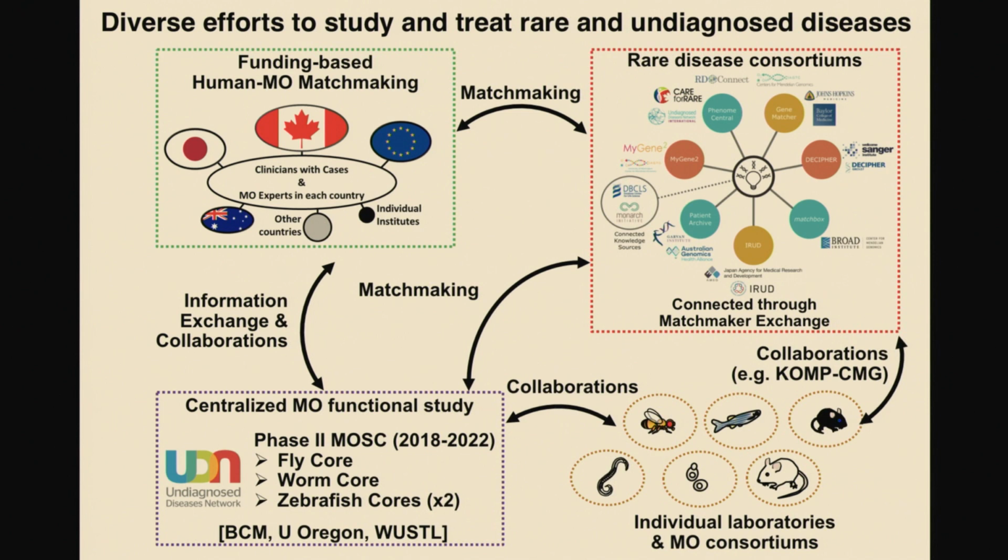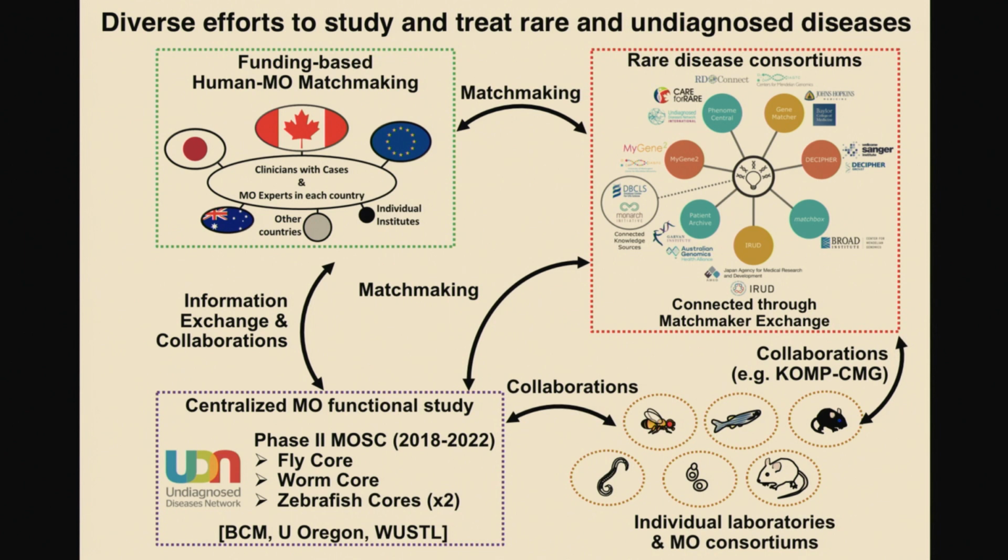The problem is that the model organism researchers are submitting these genes, but they only submit genes that they're familiar with. And so typically that is about 4,000 genes in human, and that leaves 16,000 genes out of the picture. And those are the genes that we like to work on.